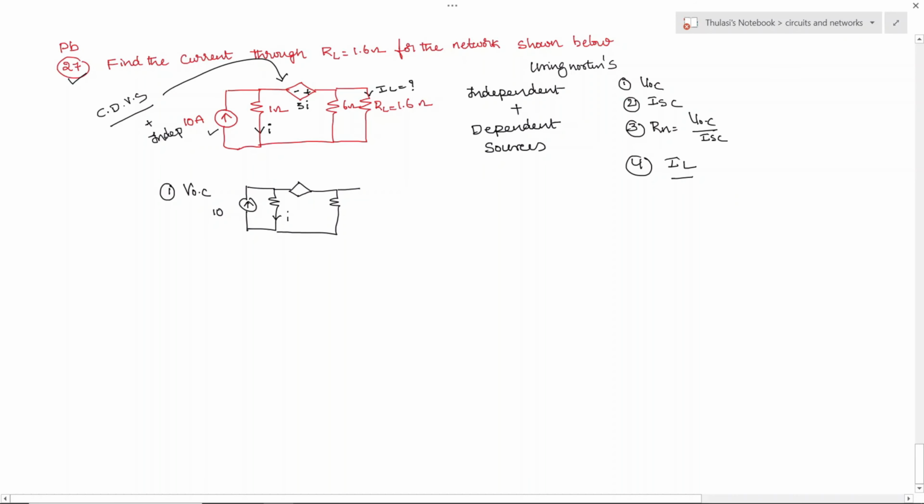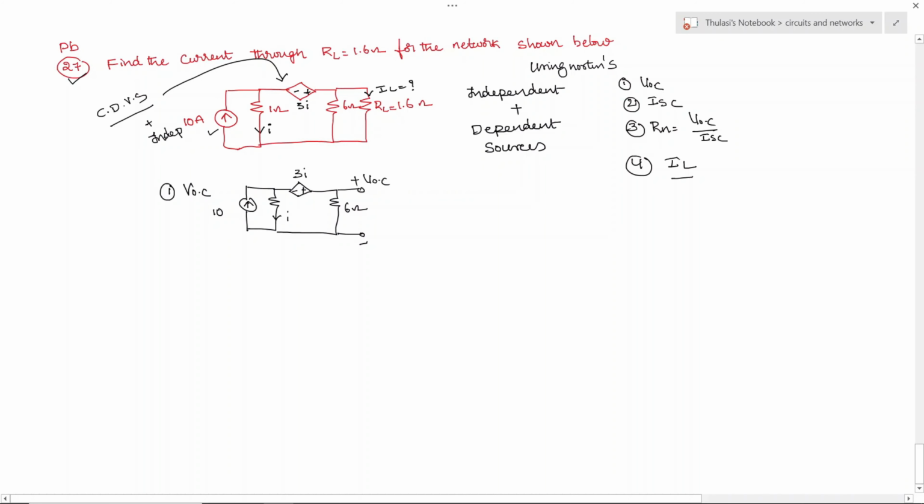So when you remove the load resistor, this is open circuited, then it creates a VOC at this point, which is of 6 ohm. Okay, and this is also a voltage source, which is nothing but 3I.